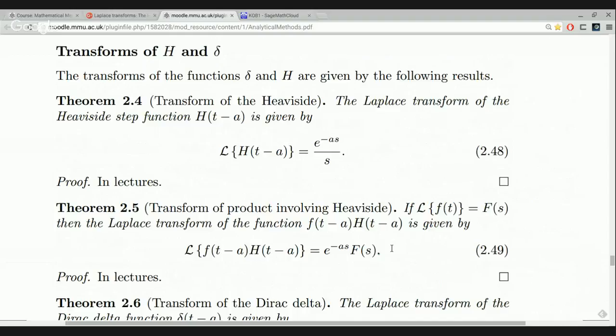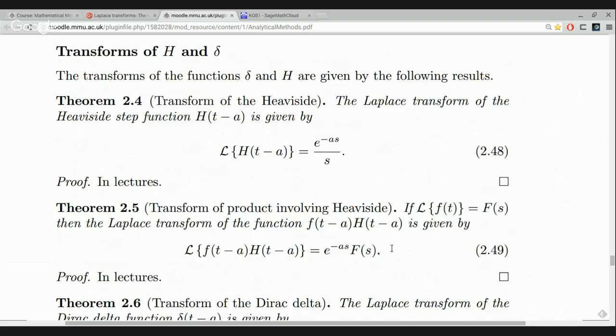So this again is just an exercise in integration, and it will turn out that theorem 2.5 is all we're going to need. That should enable us to deal with the Heaviside functions as they arise in the differential equations that we're going to look at.